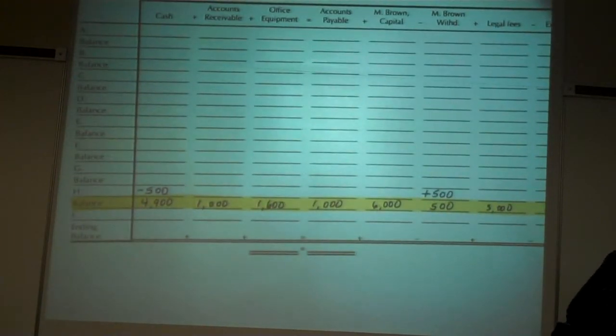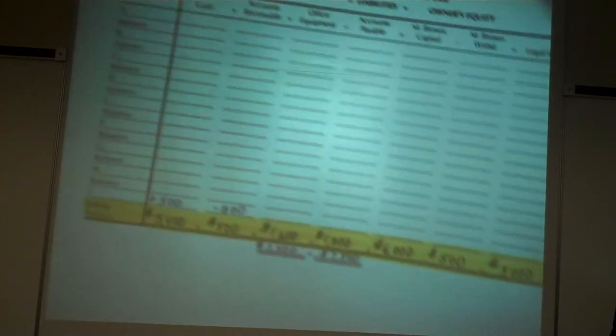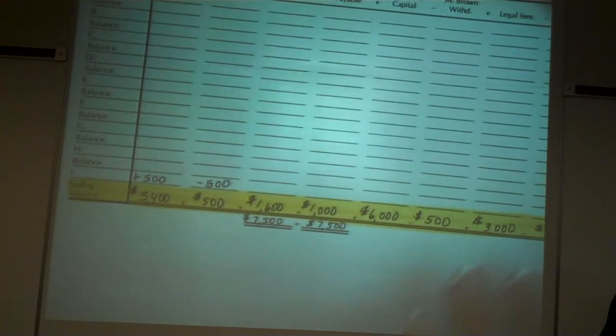So it is a plus on cash and a minus on our accounts receivable. What kind of transaction is that one? A shift in assets.